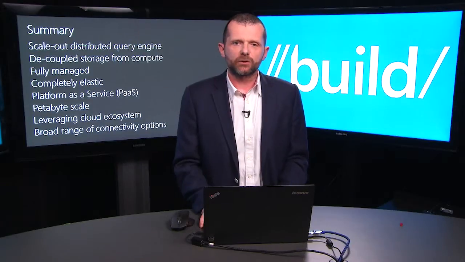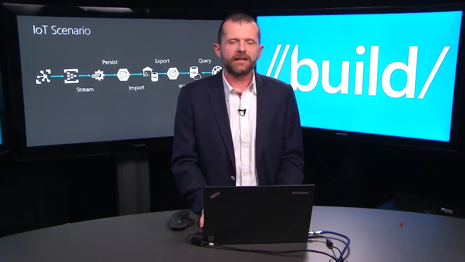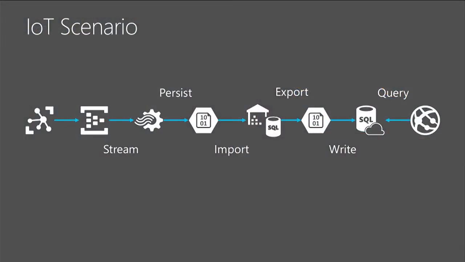So to place the rest of this talk into context, I think it's helpful to look at a very simplistic architecture diagram and then drill into what we're going to look at. Here is a simple IoT scenario where we have an IoT hub on the left generating data and pushing that data through event hubs and stream analytics down to blob storage, before Azure SQL Data Warehouse is used to ingest that data to perform some basic analysis.